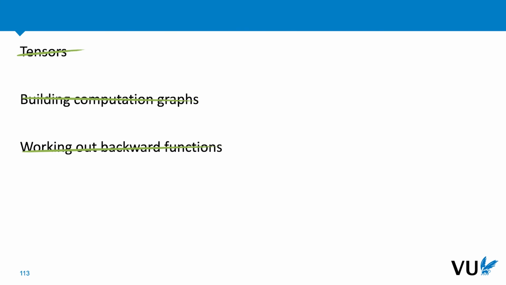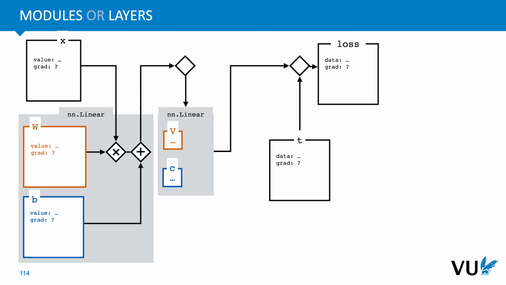So with that, we have all the ingredients that we need for our automatic differentiation system. Most deep learning frameworks build on top of these ingredients, adding a lot of things to make our life easier. For instance, there's usually a way of combining model parameters and computation into a single unit, often called a module or a layer.